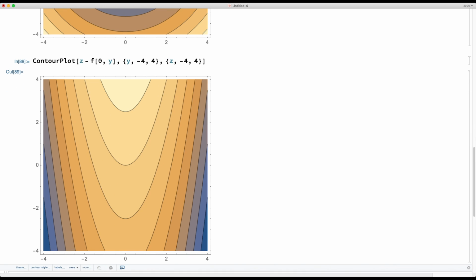What are these shapes? So I made x a constant, and I just picked 0. And I did z minus f of x,y so that I have this thing as a function rather than an equation. Now, z equals f of 0 comma y would be z equals y squared, right?